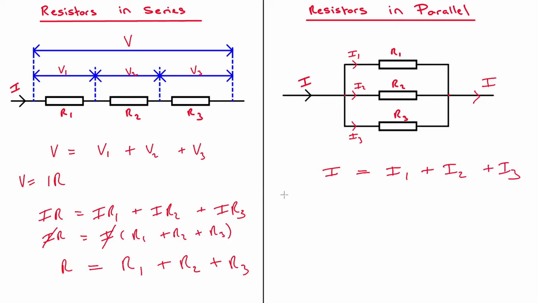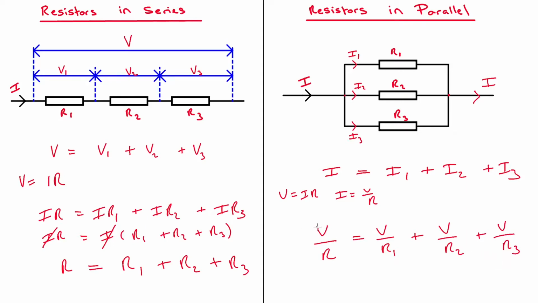But we know, again, V equals IR, so I equals V over R. So here the total current I can replace with the total PD divided by the total resistance. The current I1 will be the PD across resistor 1 divided by the resistance R1. I2 we have V over R2. I3 we've got V over R3.